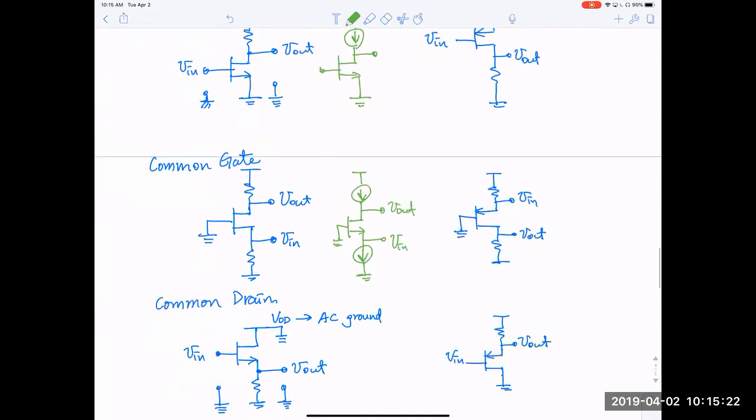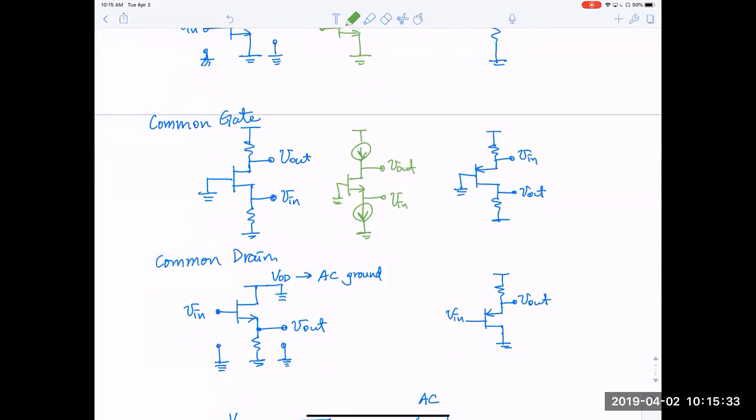And as a current source in the AC equivalent circuit, they become open circuit. So it looks like a transistor is just hanging there, connecting just to input and output. Likewise, for the common drain, it will usually be advantageous to use current source biasing. We'll talk more about current source later.